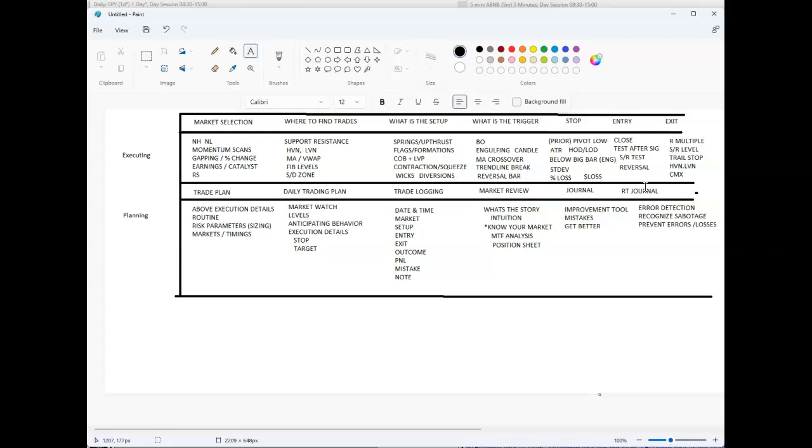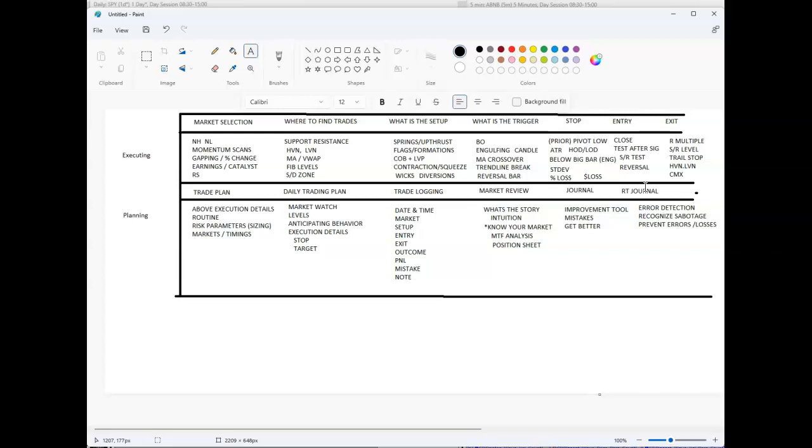So what a real-time journal, which is nothing more than writing things out in a notepad, will do is detect errors that you're about to make and prevent you from making them, therefore preventing potential tilt, and potential major losses and drawdowns. You need a real-time journal, because if you try to journal at the end of the day, chances are you're not going to remember what you were thinking at that moment in time.